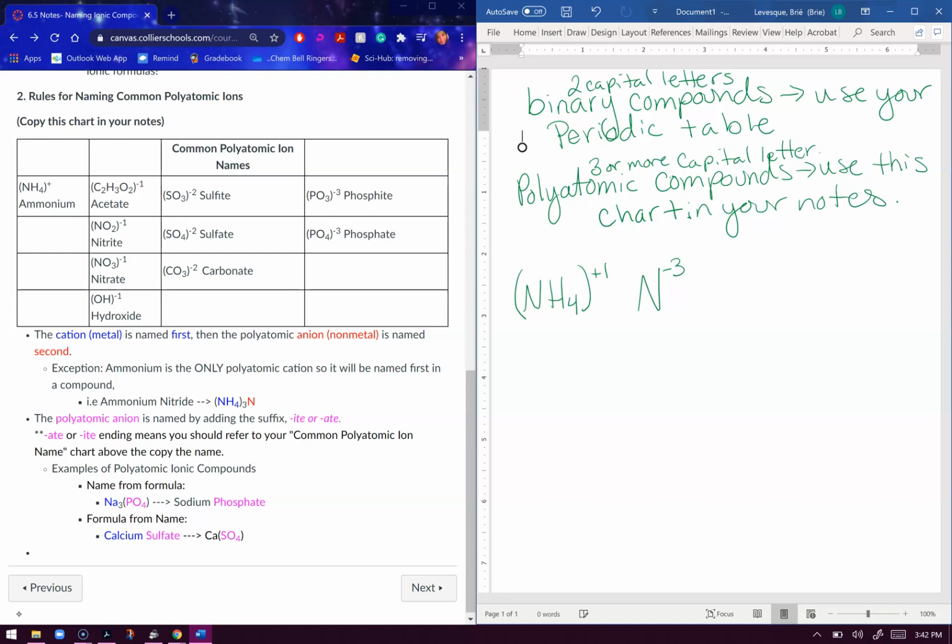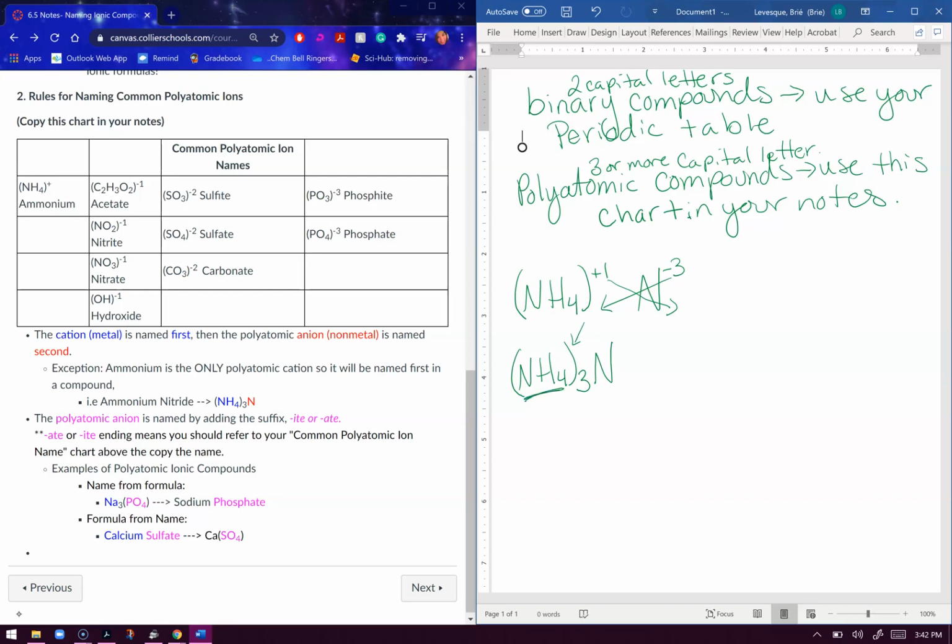So when we do our crisscross, we need 3 ammonium ions to donate the electrons to the 1 nitrogen atom. Okay, so the formula for ammonium nitride is (NH4)3N. And we need those parentheses there to tell us that we have 3 of the ammonium ion.